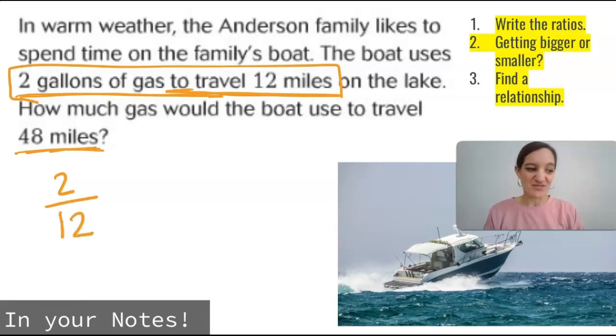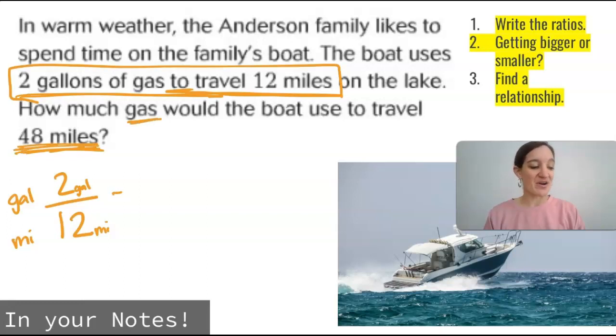And honestly, because it's ratios, if you wanted to do 12 to 2 instead, that is totally and completely fine. What is important though is that I make sure I have my gallons on top, because this is 2 gallons, and my miles on bottom, because this is 12 miles. Now the question was, how much gas would the boat use to travel 48 miles?